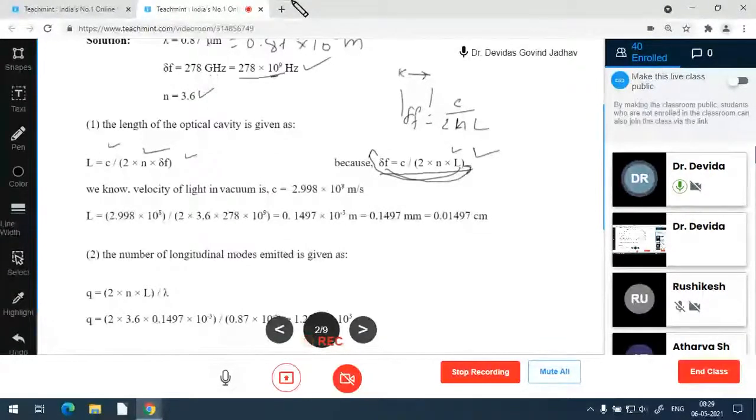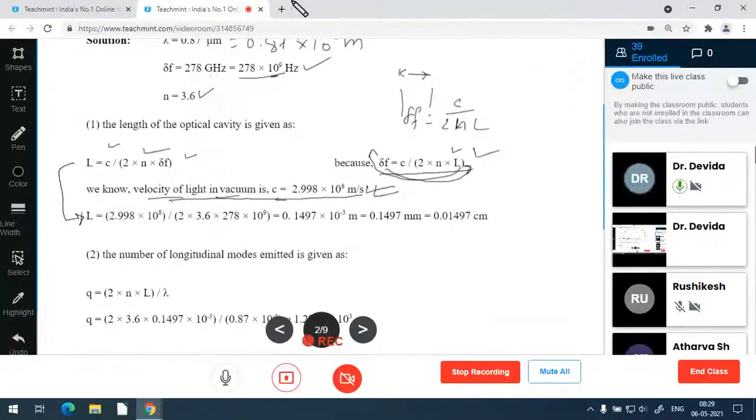Now C, we know the velocity of light. The velocity of light in vacuum is C equal to 2.998 into 10 raised to 8 meters per second. Substitute into this formula L equal to C upon 2N delta f.